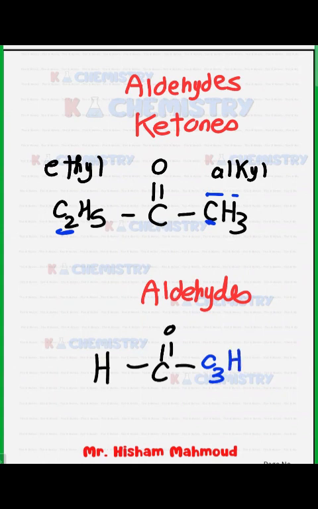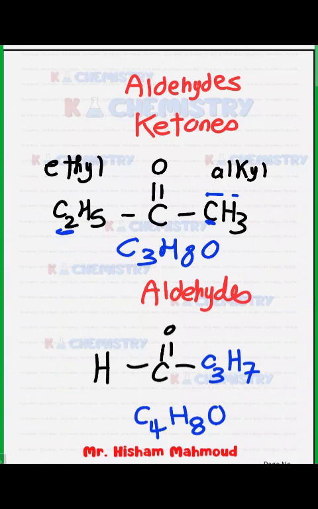It's a propyl, with 7 hydrogens. So the total here is how many carbons? 1, 2, 3, 4, and 8 hydrogens and 1 oxygen. Let's count here: C3 also, H is 8 and 1 oxygen. So aldehydes and ketones are isomers to each other. Again, you are not required to know that structure, but if you know it, it will be a piece of cake in the exam. You will not suffer trying to make an isomer for one of them.